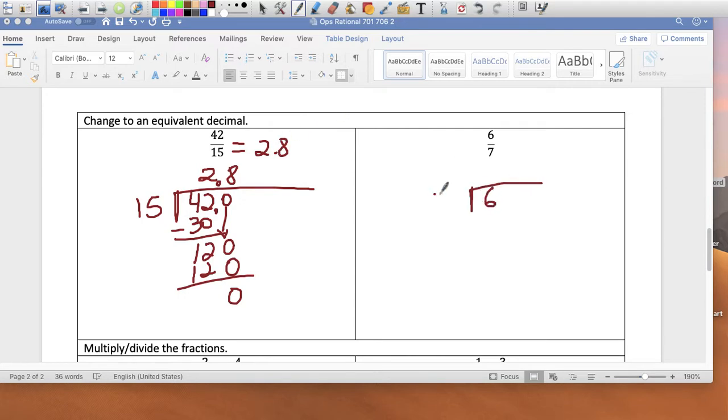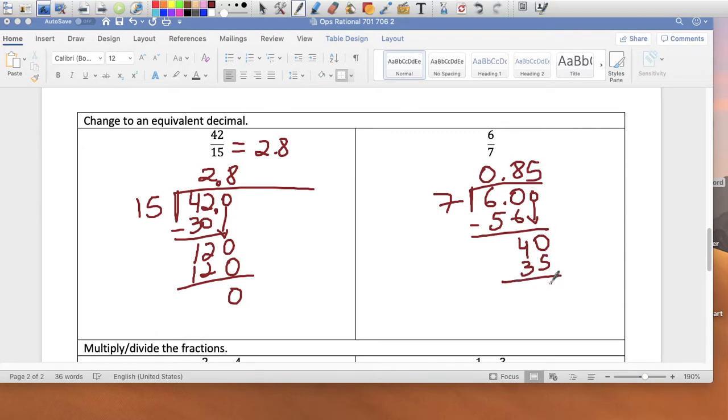6 divided by 7. 7 does not go into 6, so we put a 0, put a decimal. 7 goes into 60 8 times, which is 56. 4 left over, right? 60 minus 56 is 4. Bring another 0 down. 7 goes into 40 5 times, which is 35.